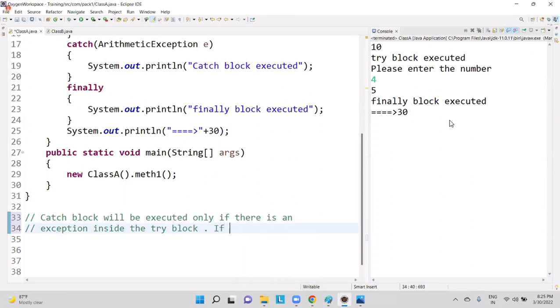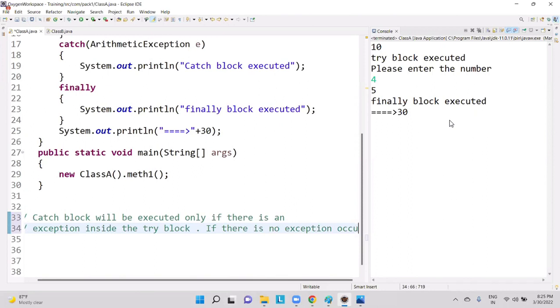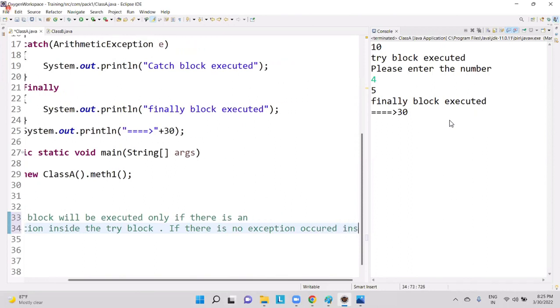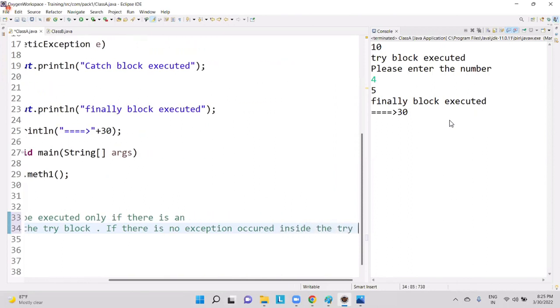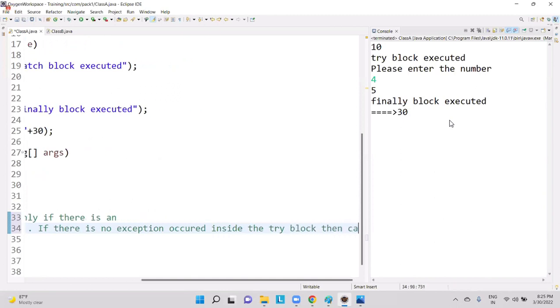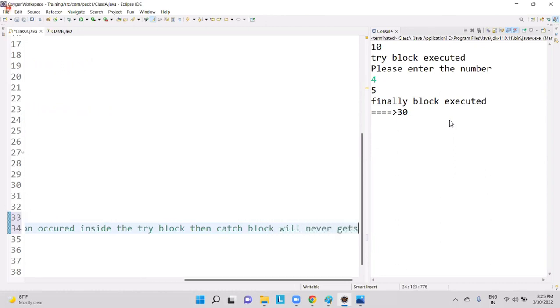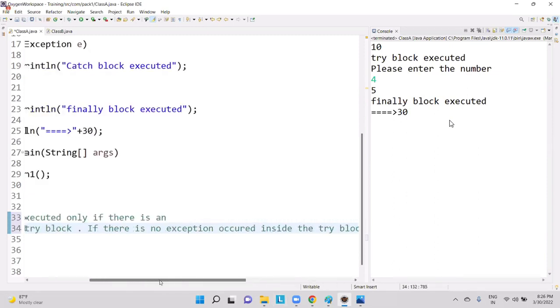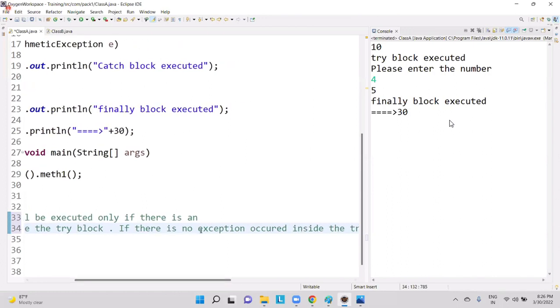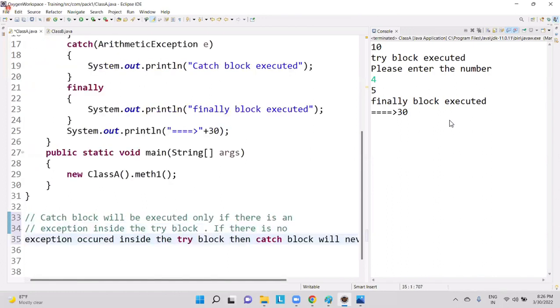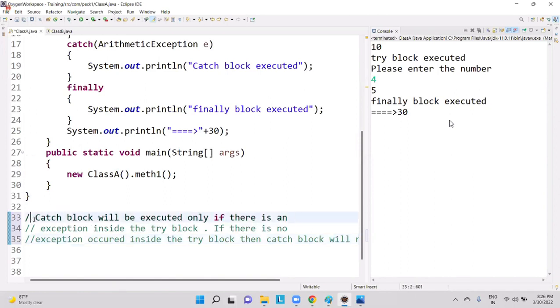Okay. If there is no exception occurred inside the try block, then catch block will never get executed. Okay, guys.